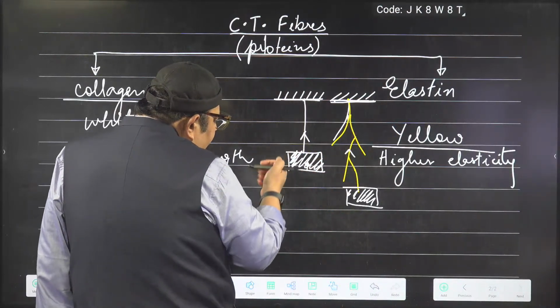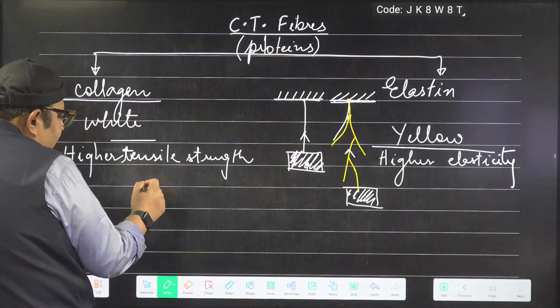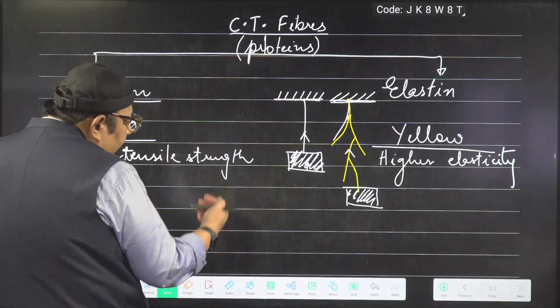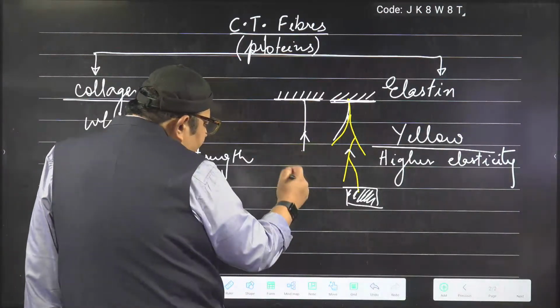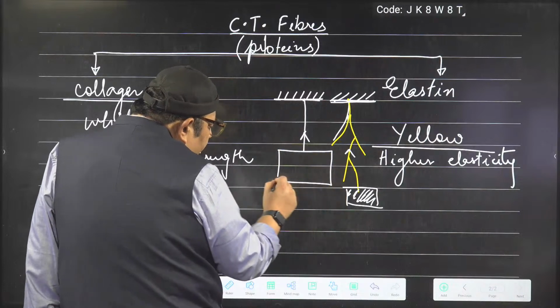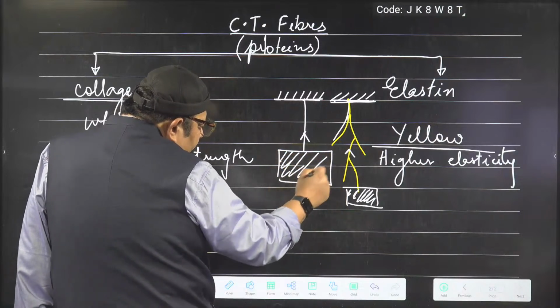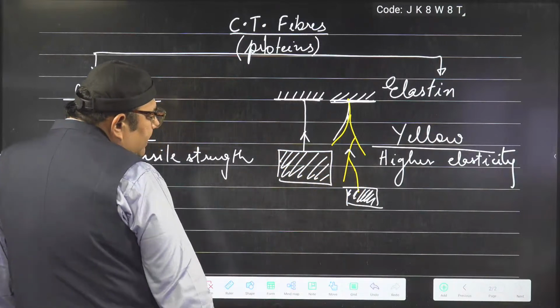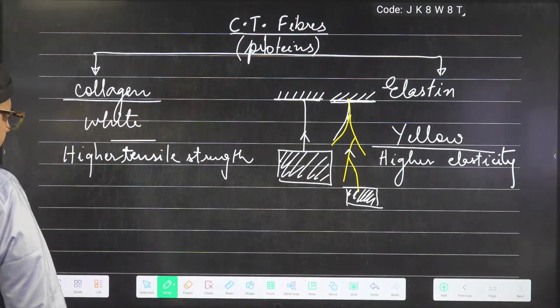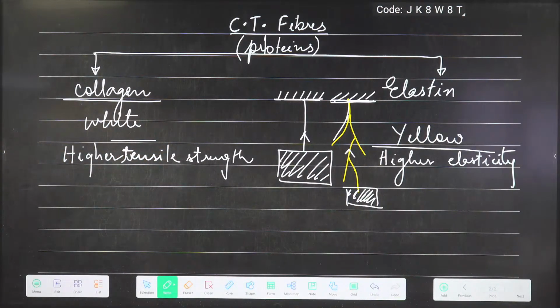My point is, higher tensile strength means this one won't break even with a higher weight, but its elasticity is lesser. On the other hand, the flexibility of elastin is higher than that of collagen. So both have their properties, one for strength and one for flexibility.